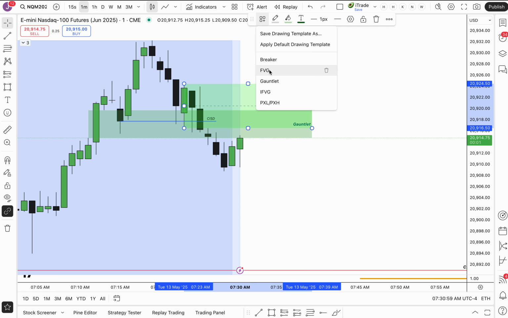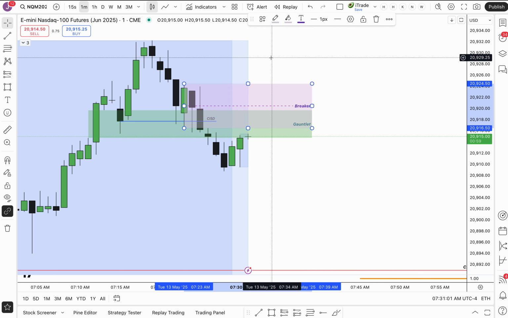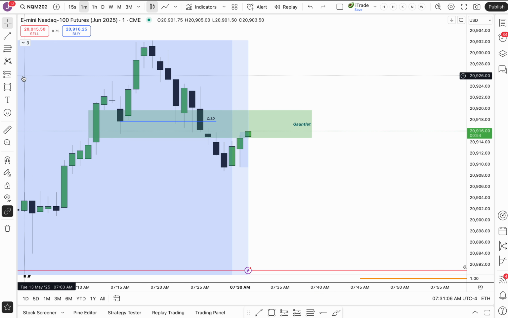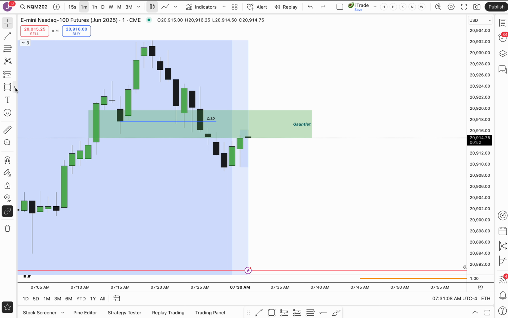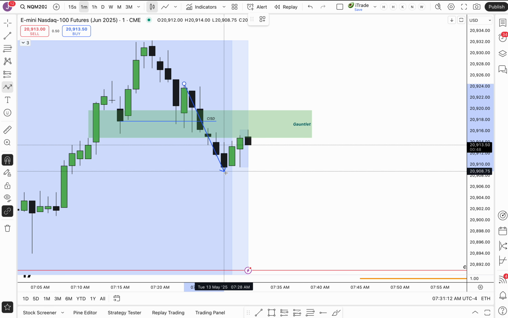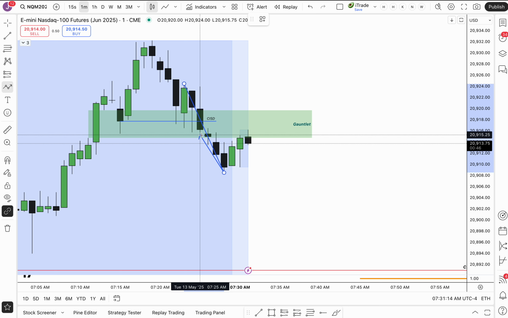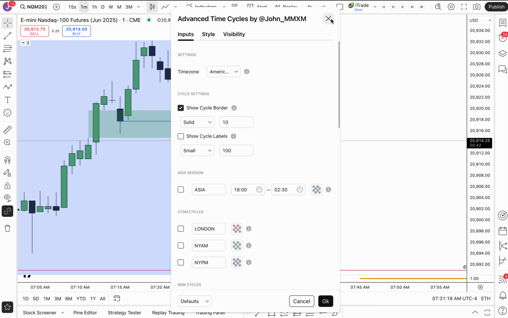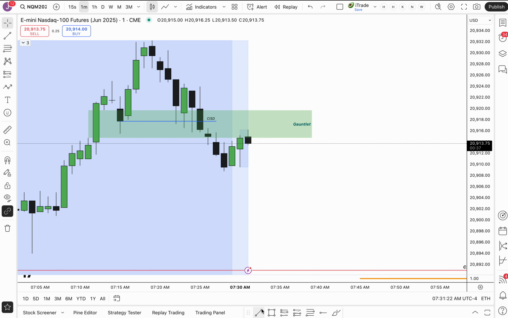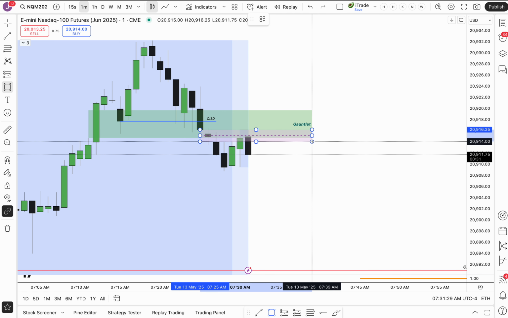So basically you can frame your trade off this. Okay, so from here to here, try and find a trade in between there. Okay, because that's all balanced. Once we come up and balance it, we hit the gauntlet there. Price is balanced.